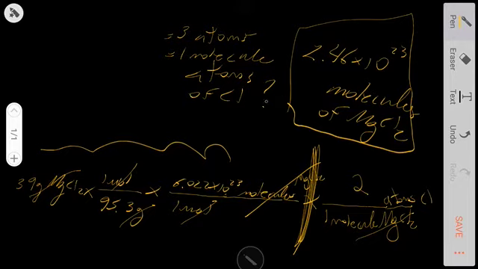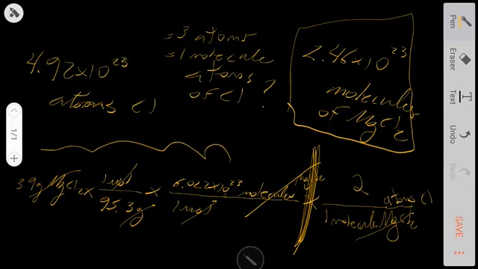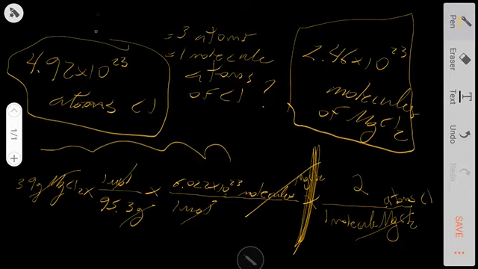Your answer should be 4.92 times 10 to the 23rd atoms of Cl. Going to double check my math there.